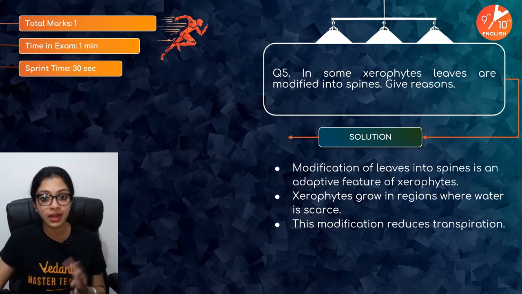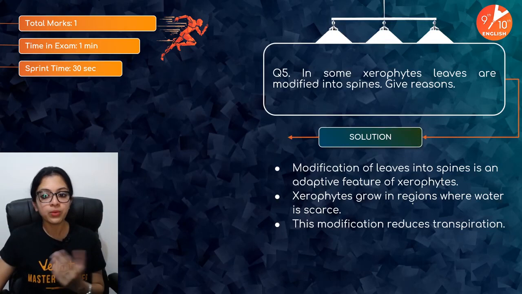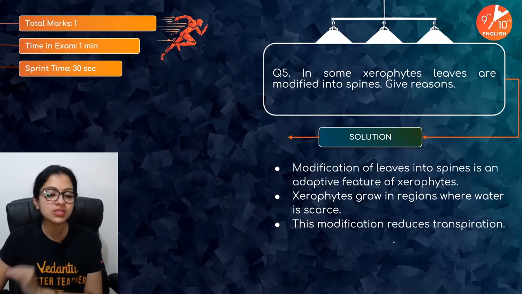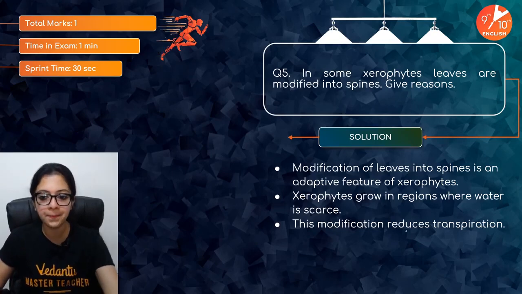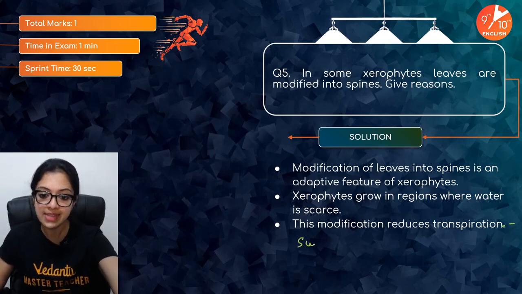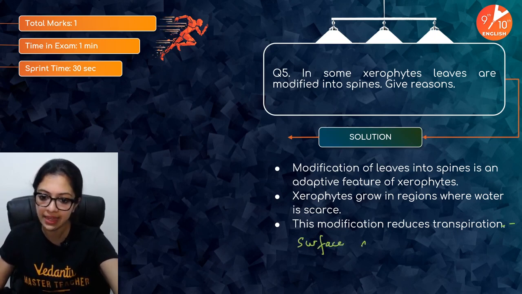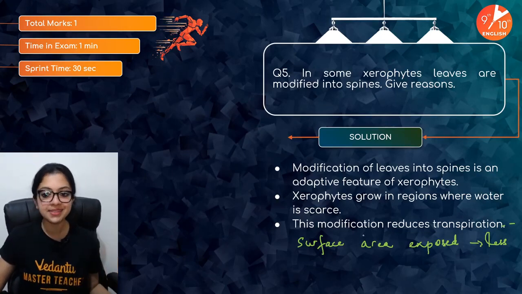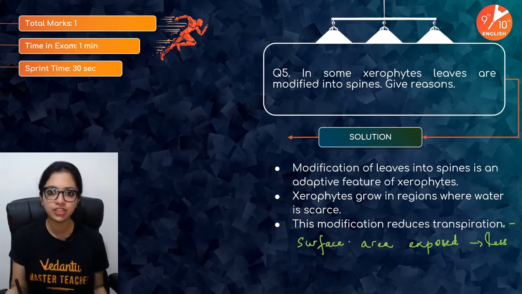It's an adaptive feature of xerophytes which grow in regions where water is scarce. This reduces transpiration. You could possibly add that the surface area exposed would be less. This is the reason for reduction in transpiration.